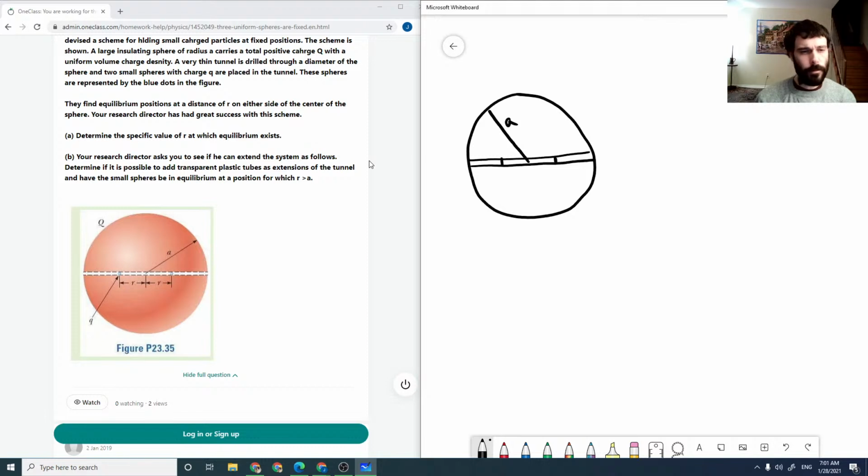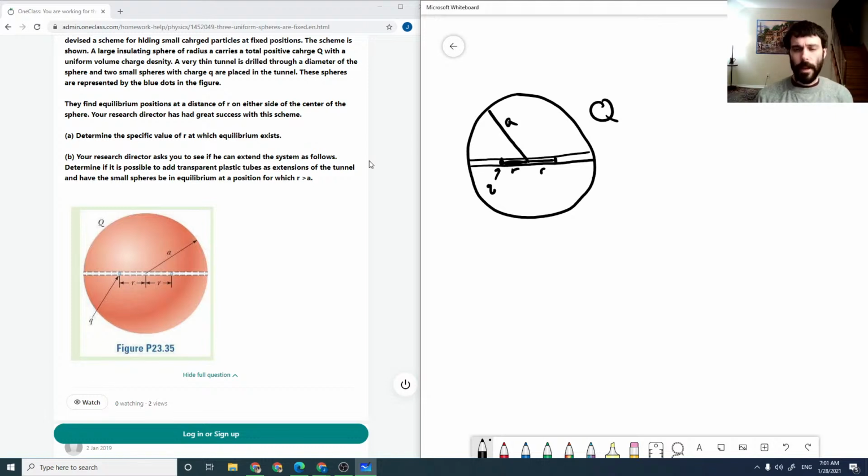And here's our two particles, which are trapped at a distance of r from the center. And the particles have a charge q, and the whole sphere has a charge q.